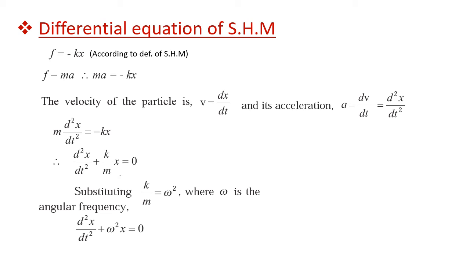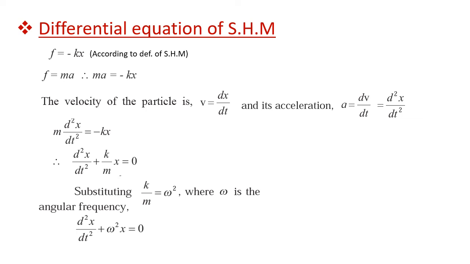Now if we divide both sides of the equation by m, m will get cancelled. So we will have d2x upon dt square is equal to minus k upon m into x. If we rearrange the terms, we can write the same equation as d2x upon dt square plus k upon m into x is equal to 0.